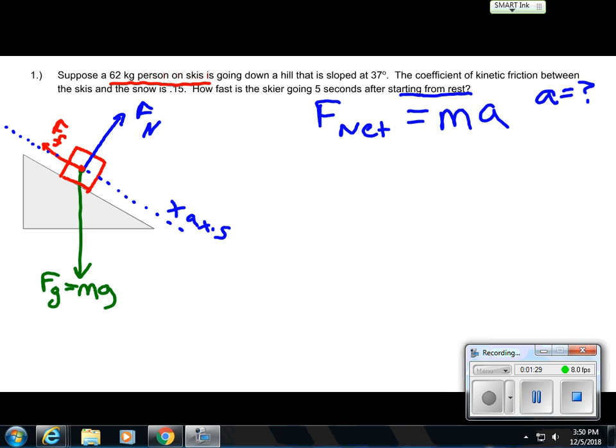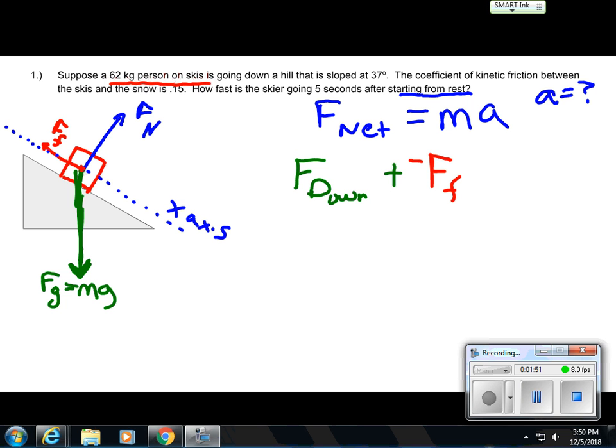Well, how many forces are acting on the object? Well, we're going to call force down due to gravity, this vector right here. All right, the force down due to gravity plus a negative force of friction.